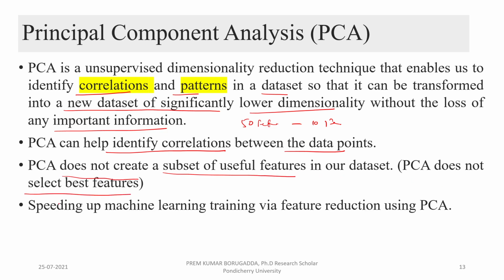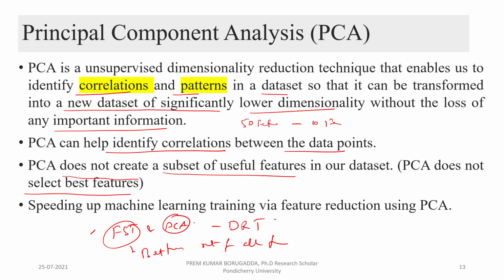PCA does not create any subset of the useful features in our data, which means PCA does not select any best features. Feature selection techniques and PCA are both used for dimensionality reduction, but feature selection techniques can select the best features out of all features, working based on a subset of the features.